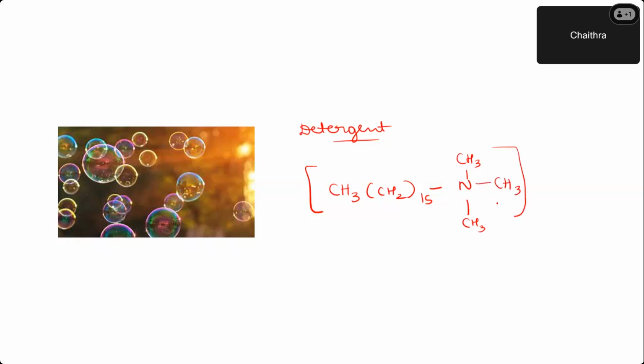Nitrogen you are seeing. This is called a cationic detergent. This is actually used in hair conditioners. It smoothens the texture of the hair, right? And these cationic detergents or surfactants are a little bit expensive, so they are under limited use.